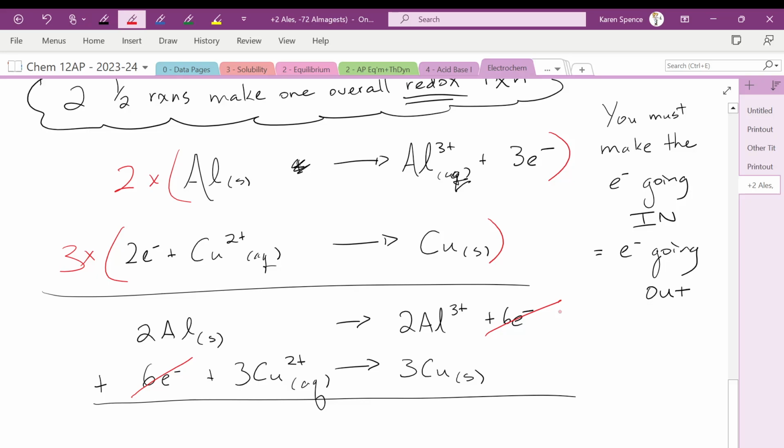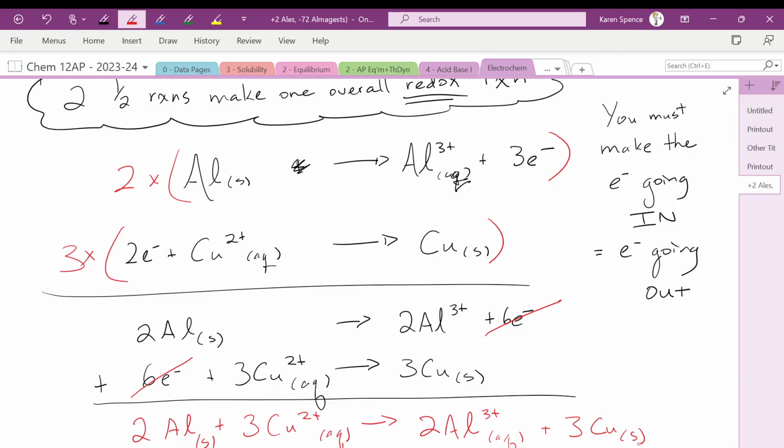Okay, and now we have 2 Al plus 3 Cu2+ gives us 2 Al3+ plus 3 Cu, and now we've made it full circle back to our original net ionic equation.